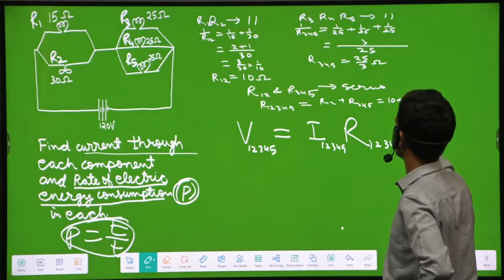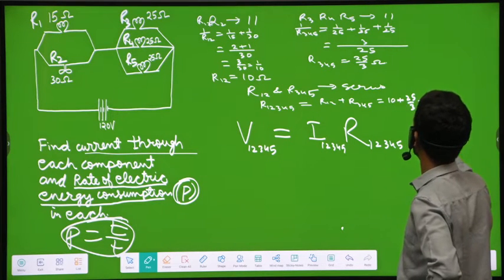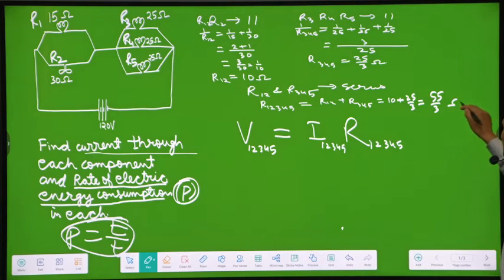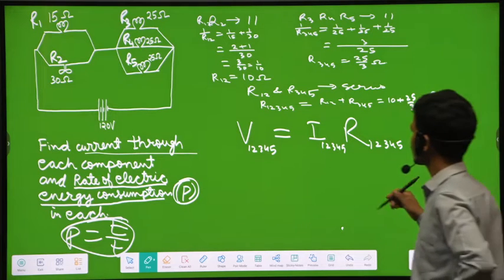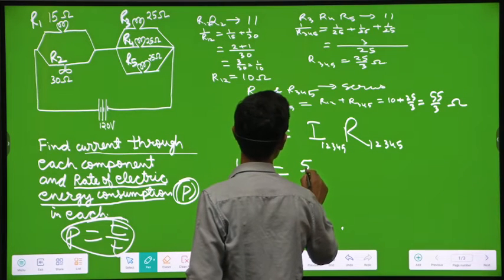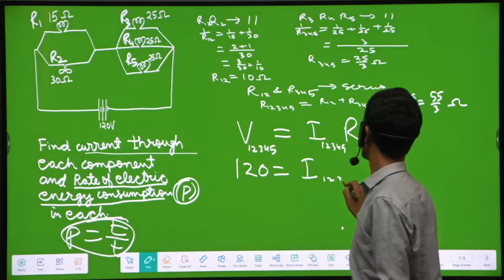So it is 25 by 3, so it is 55 by 3, and we will use it as it is. Okay. V is 120, I we don't know, I12345.